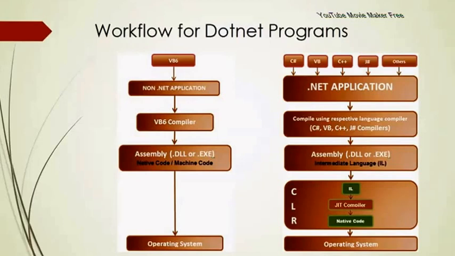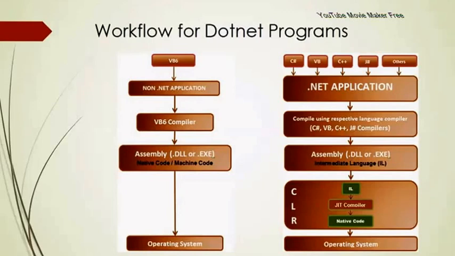Non-.NET applications can run directly on top of the operating system, whereas .NET applications run on top of a virtual environment called Common Language Runtime. CLR contains a component called Just-in-Time Compiler, JIT, which will convert the intermediate language into native code which the underlying operating system can understand.